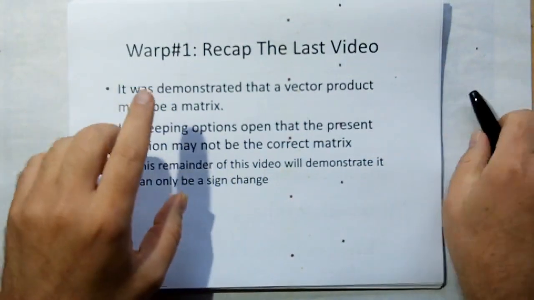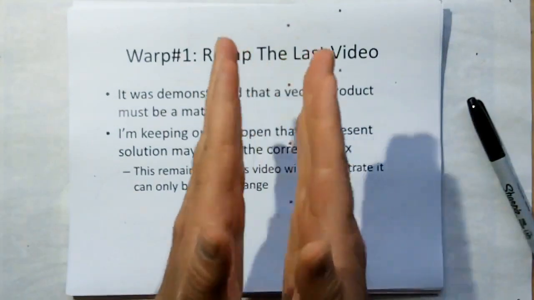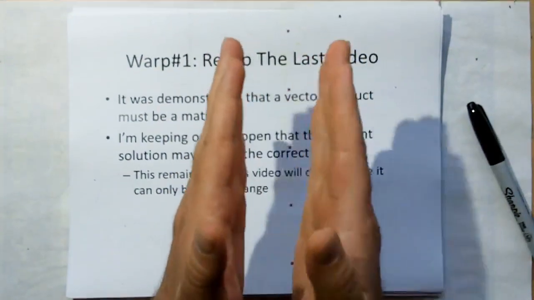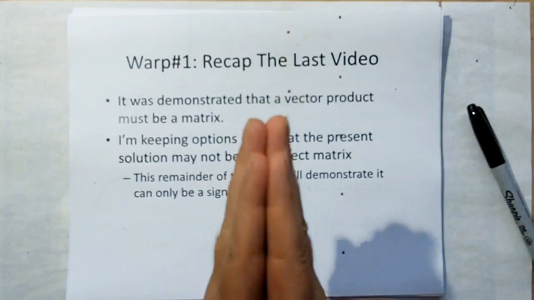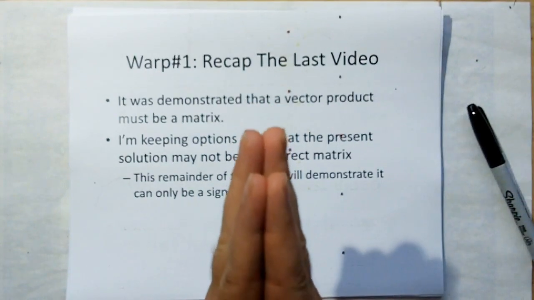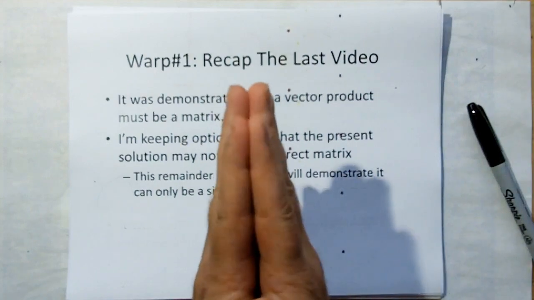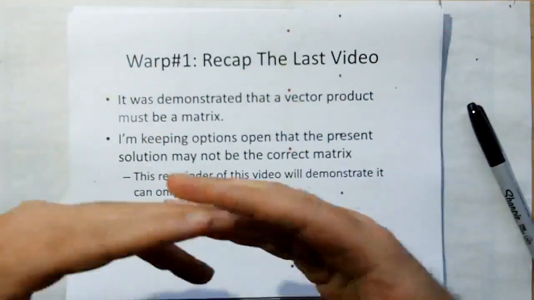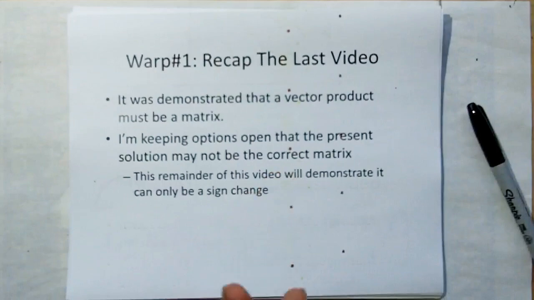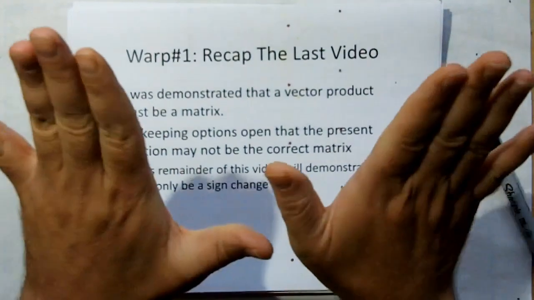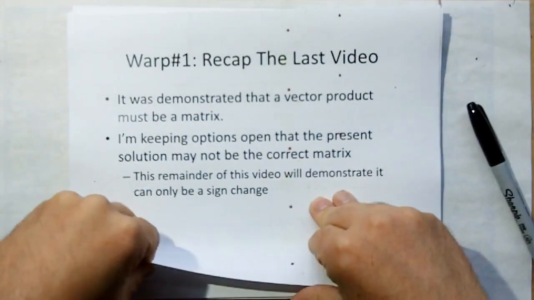But what I did say is that even though I know it is a matrix, I'm not 100% sure I have the right matrix yet. And so I was keeping my options open. I have nothing that says what we have now is wrong. It seems to fit all the identities and everything seems to check out. Okay. So that's where we were at the end of the last video.